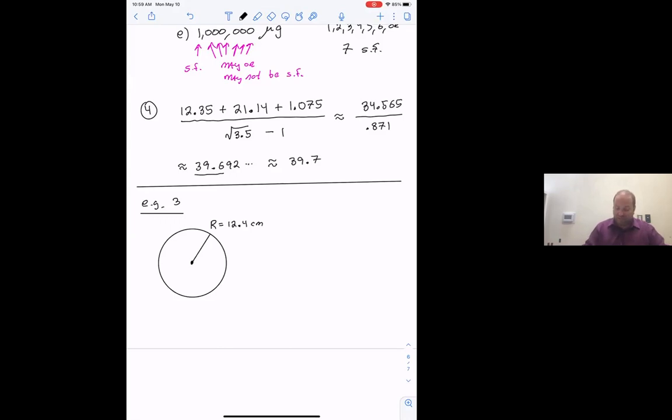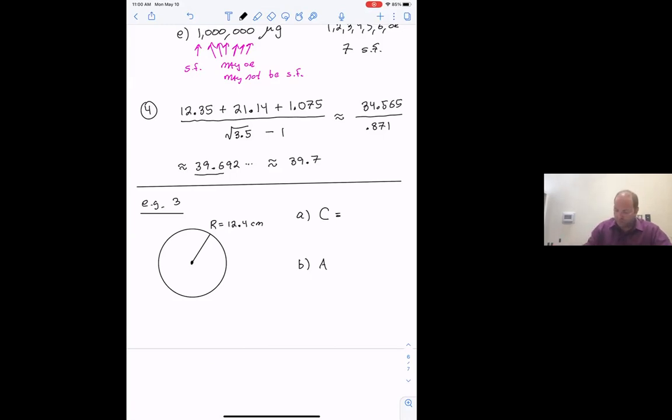And it says calculate A, the circumference of the circle, and then calculate B, the area of the circle, and write down your answers correct to 1 decimal place. So in your SL and HL formula book, we are given the formulas for the circumference and the area of a circle.